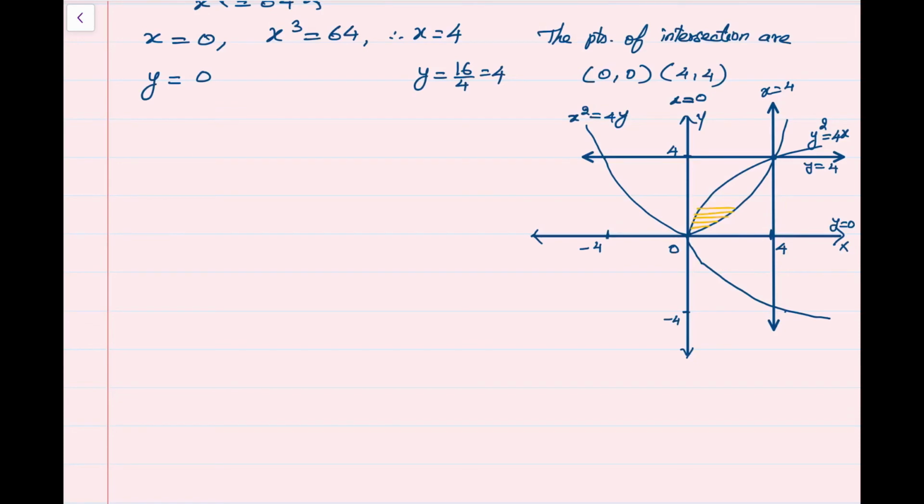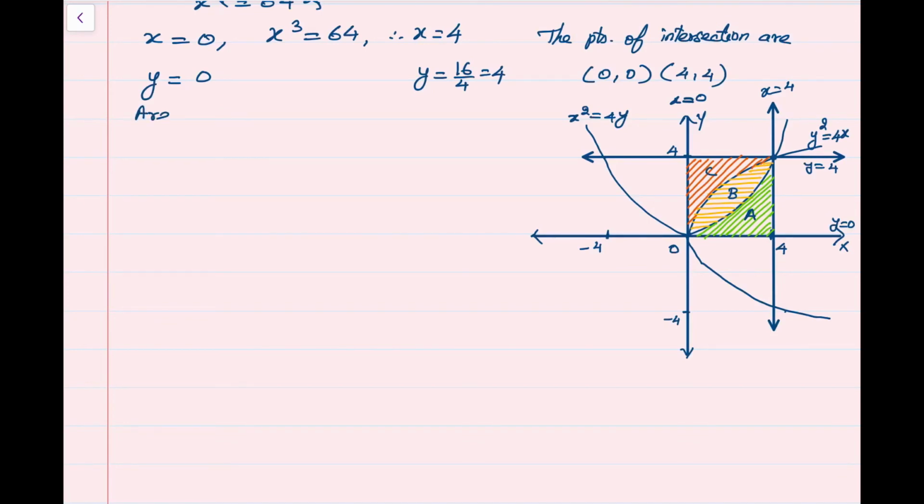This is the area between the two parabolas. We have to prove that these three areas are equal. We will name them as A, B and C.